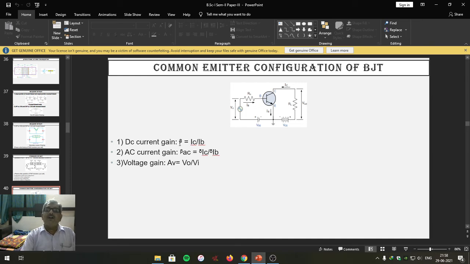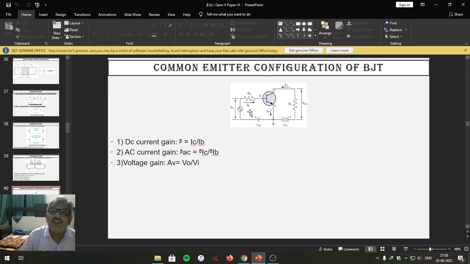DC current gain of BJT is, in general, the ratio of output current upon input current. Now, in common emitter configuration, output current is collector current IC, which is represented here, whereas input current is IB, which is represented here. And the definition is the ratio of output current upon input current is current gain.